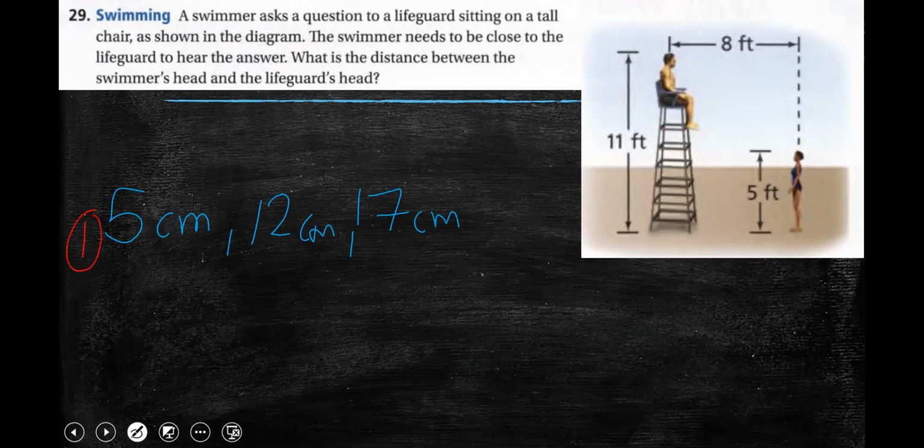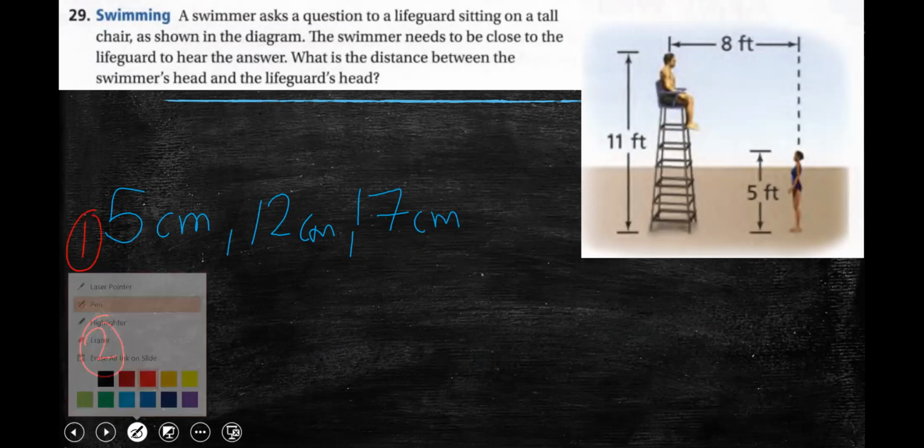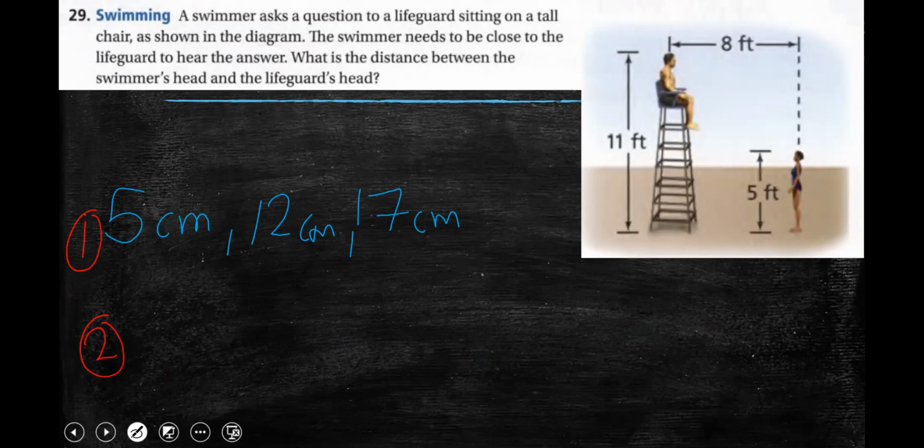The second one: 9 meter, 40 meter, and 41 meter. Tell me whether the blue or the yellow dimensions will be the right triangle. I will give you 5 minutes.